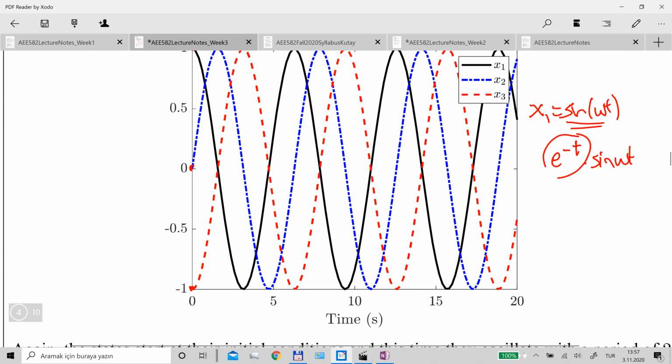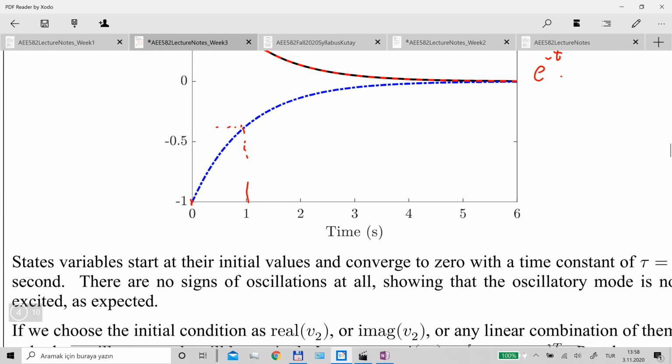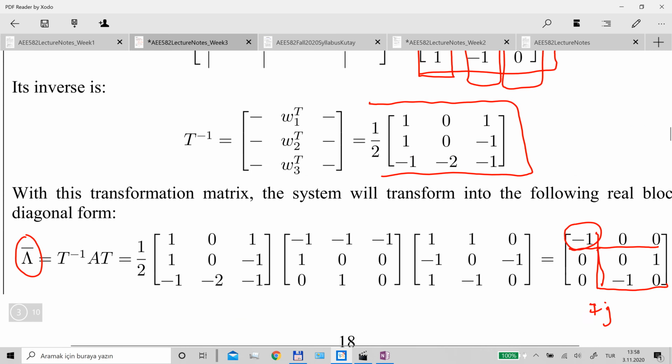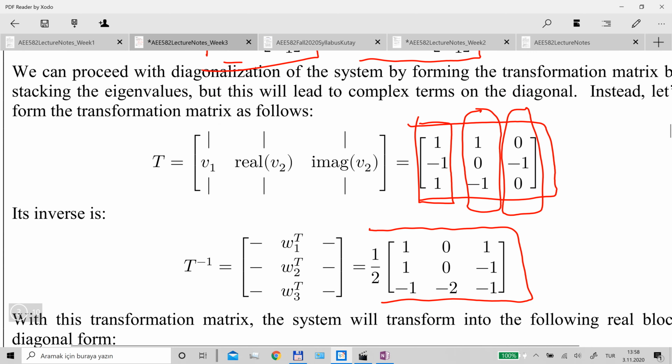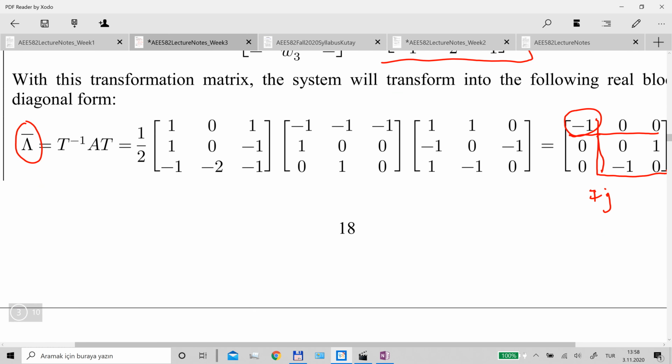Okay, so if you choose the initial condition to be composed of these two spaces, in other words, if your initial condition contains a component along this direction and a component along these directions, then both of the modes will be excited at the same time.